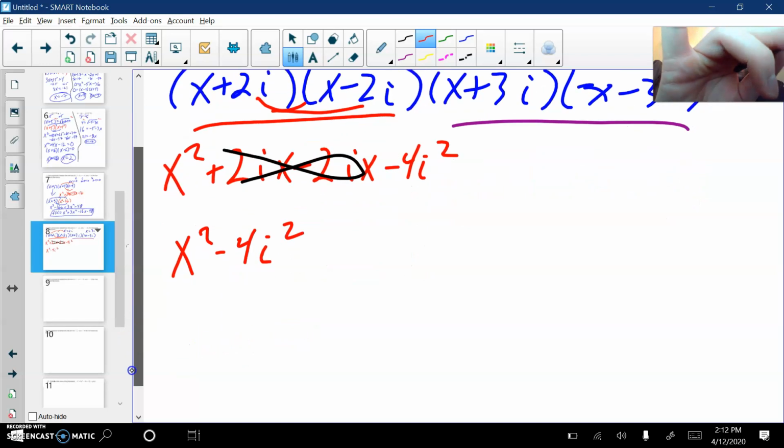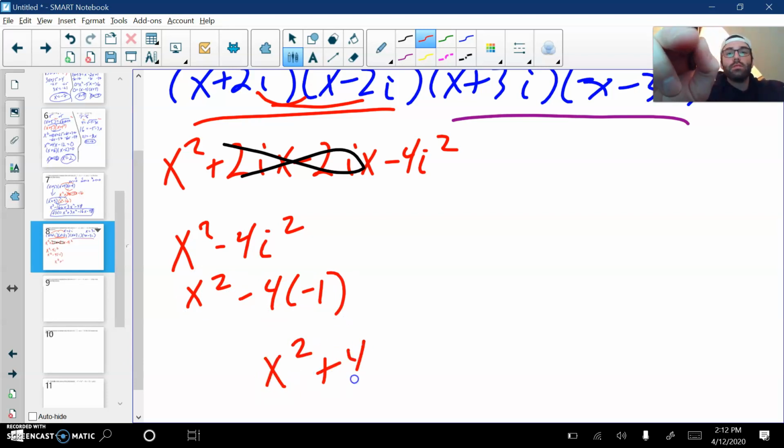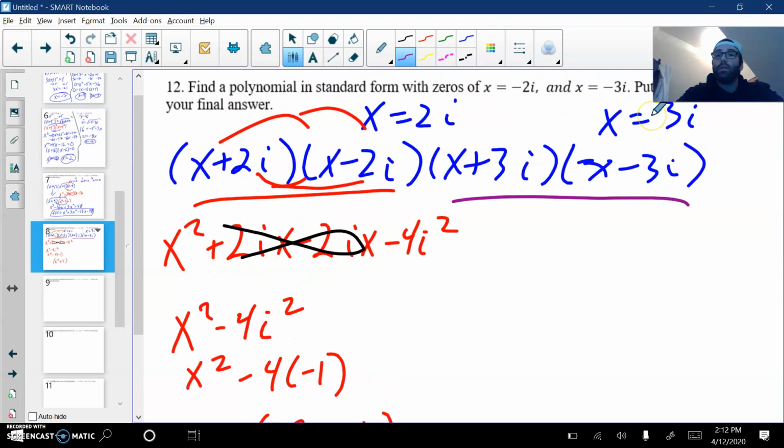Well, i squared is negative 1, so it's x squared minus 4 times negative 1. So really this comes out to be x squared plus 4. i squared is negative 1 because i is the square root of negative 1. So square root of negative 1 times square root of negative 1 is just negative 1.